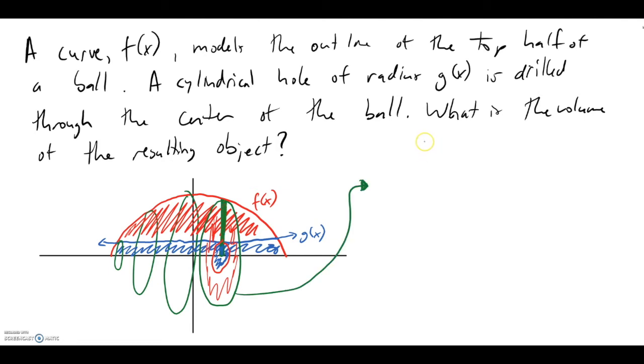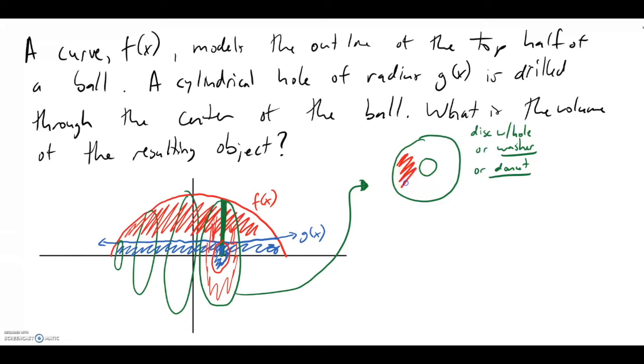And what I'm creating now is not one solid disk, rather it's a disk with a hole in the middle. Or a washer. You can also think about it, not sure what a washer is, think about it like a donut. We've got a solid piece, and we've got some open air here in the middle.